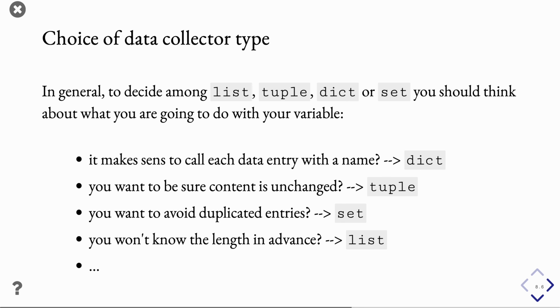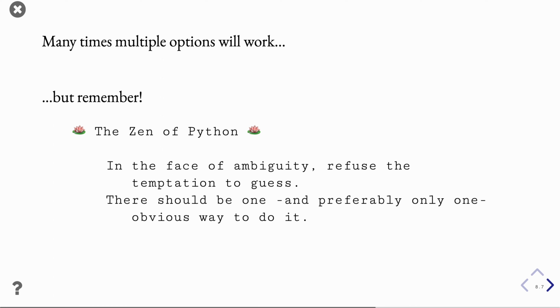So yes, final word on those data collections. Try to remember that you have all those options whenever you're working with putting multiple variables in the same thing, because all of those have different uses and applications, and sometimes you can use multiple types for the same thing. But most of the time, if you remember the Zen of Python, in the face of ambiguity, refuse the temptation to guess. Sometimes there is a reasonable way to choose one option or the other. So you have to think, what am I doing with this?